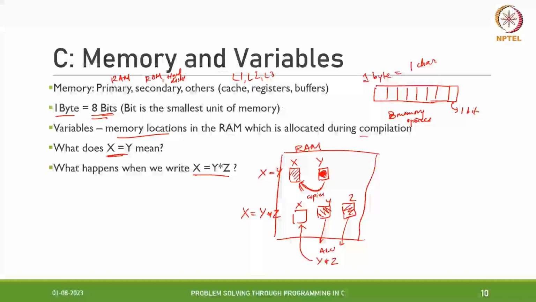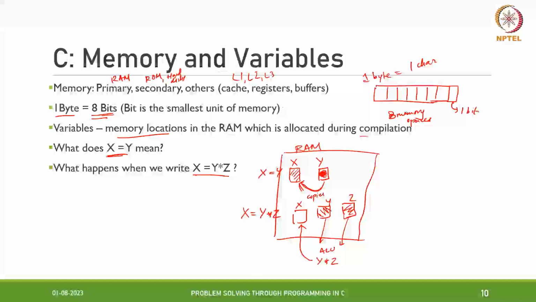It sends the two values of y and z to the ALU, the arithmetic and logic unit of the CPU, which computes y multiplied by z. The ALU returns that value and saves it in the memory location allotted to the variable x. So this is what happens when I write x equals y into z.